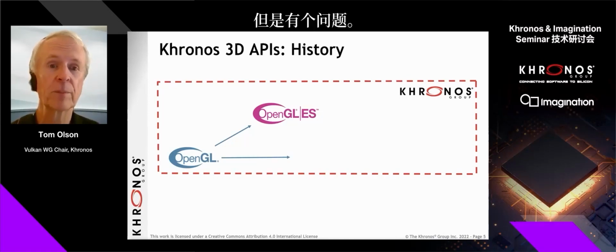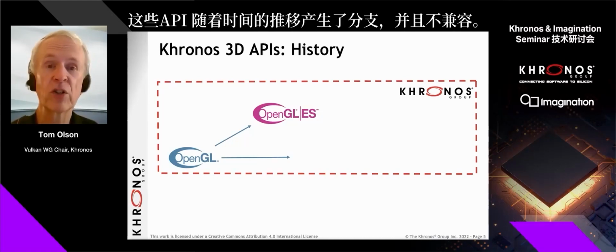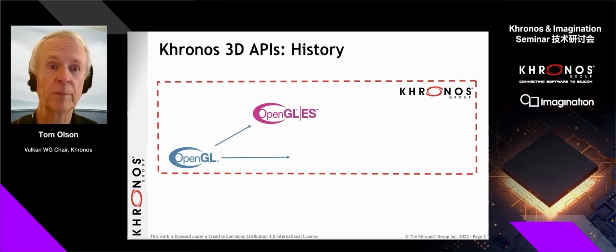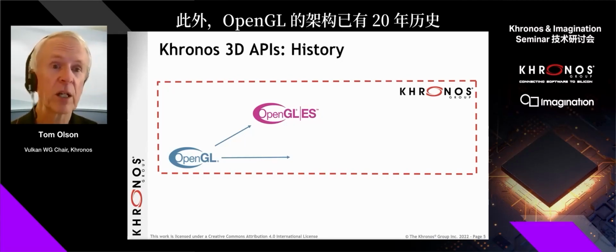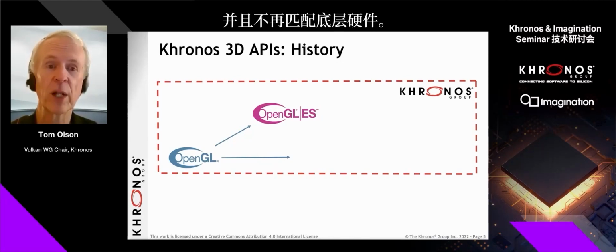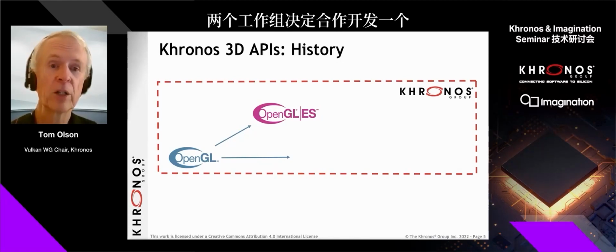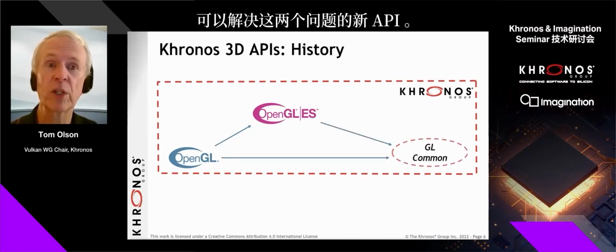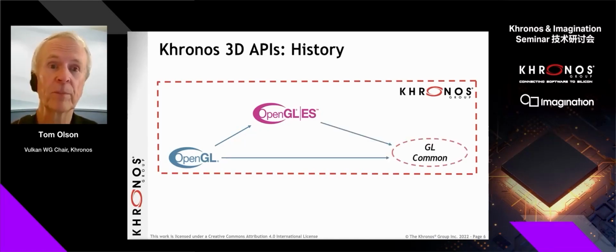there were problems. The APIs had diverged over time and were not compatible. Also, the architecture of OpenGL was 20 years old and no longer matched the underlying hardware. The two working groups decided to work together on a new API which would solve both problems.